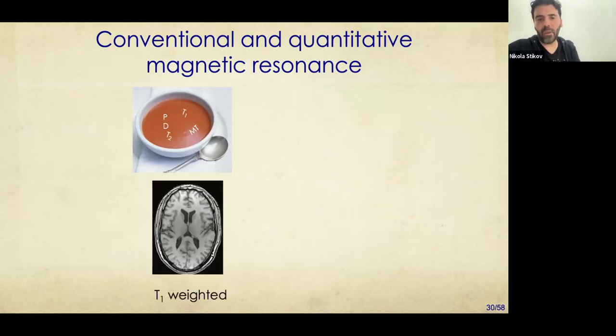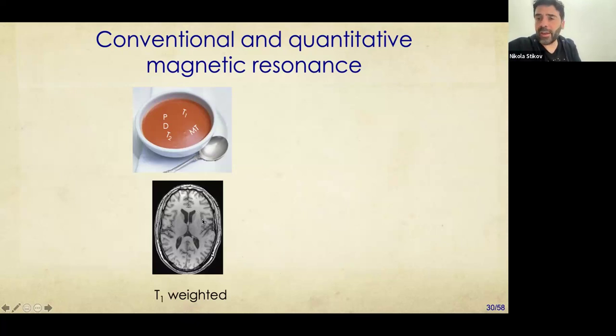But in conventional MRI, images are just regular numbers, digital photos, where each pixel has a certain value, but those values are not connected to units. So you really don't know what you're measuring. You're just saying, well, in this photo, the ventricles are dark and white matter is bright.